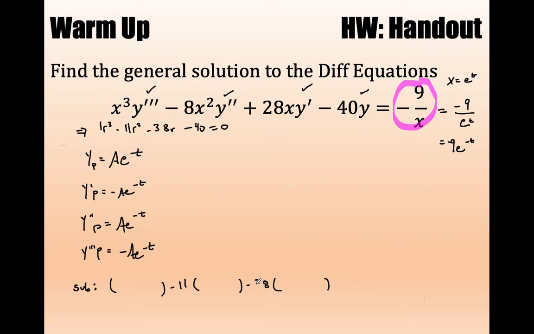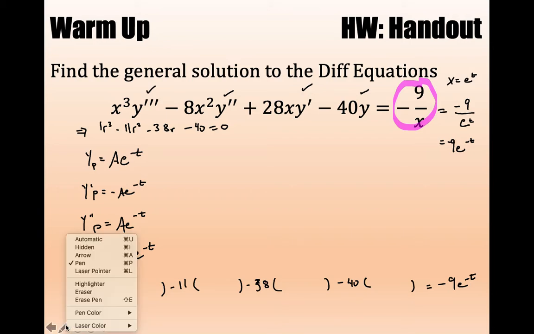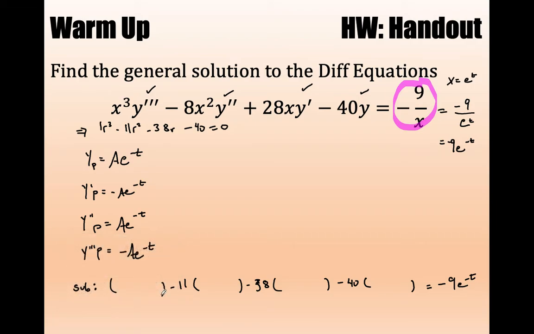No, I'm trying to write 38, and then minus 40 y, and that equals negative 9 e to the negative t. And look what happens when you do that.